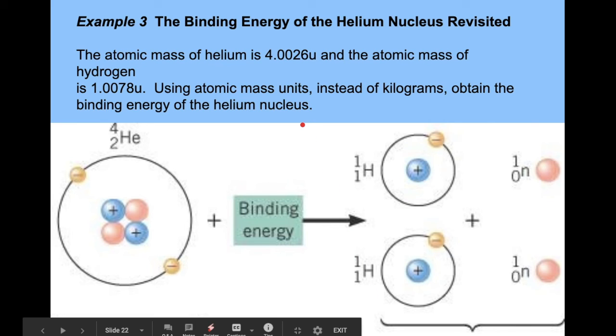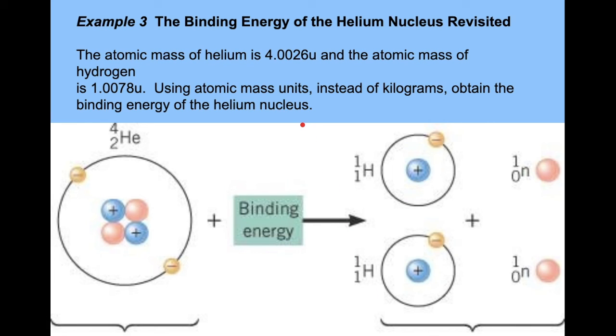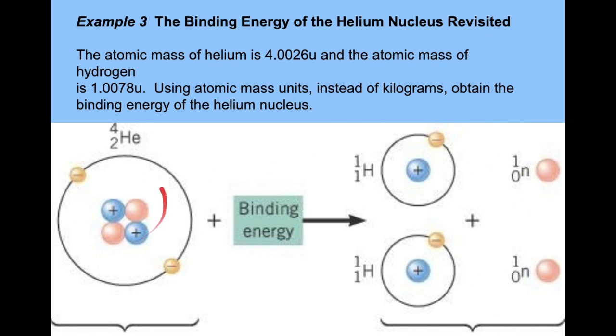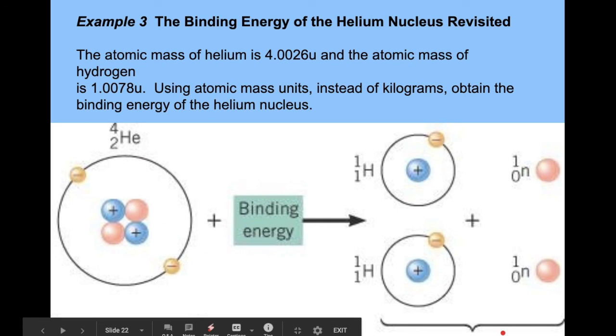Where we're more likely to see this in the real world is the fact that an atom, so we're looking at a helium atom here with 2 protons, 2 neutrons, and 2 electrons, as compared to 1 proton, 1 electron, 1 neutron, 1 proton, 1 electron, 1 neutron. So basically, this has 6 particles and this has 6 particles, the exact same 6 particles, but the mass of the particles individually is greater than the mass of the particles when we get here.